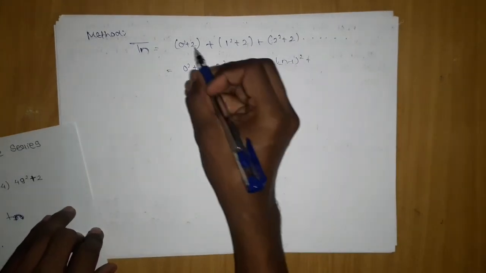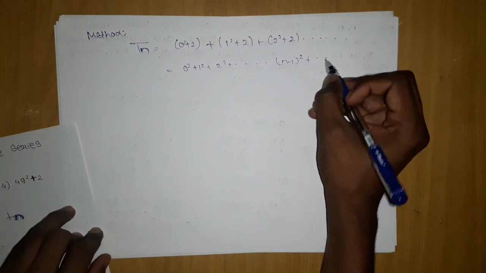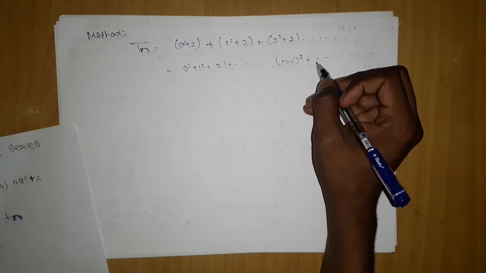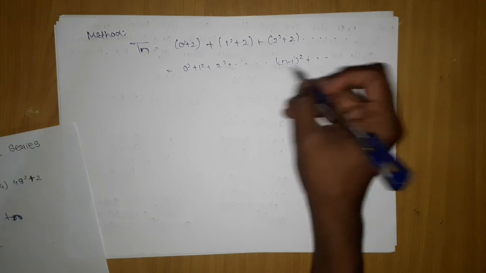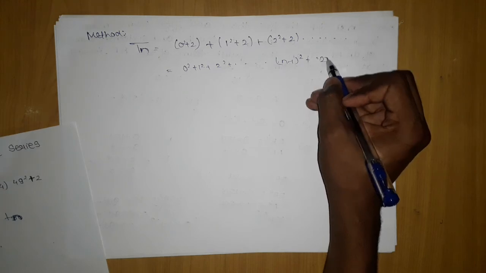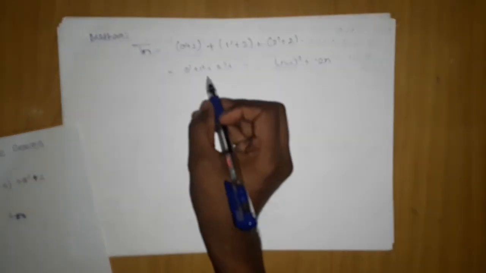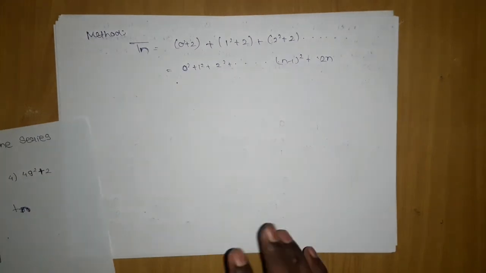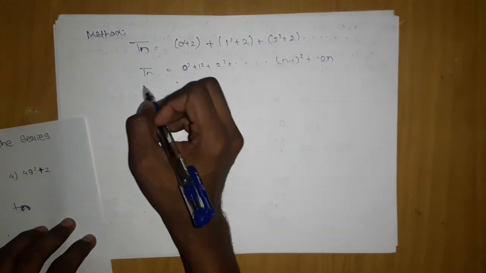And this will be what? 2 plus 2 plus, it will be n times 2. This is going till n square, and this is nothing but 2 into n. And we got this, Tn.